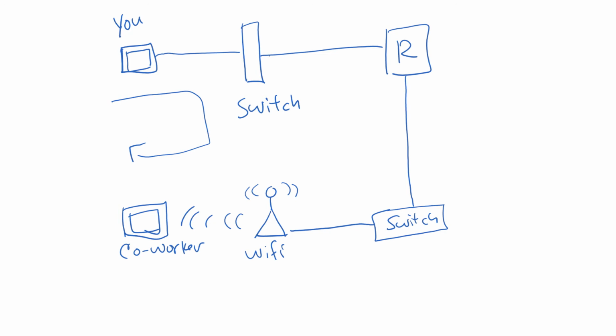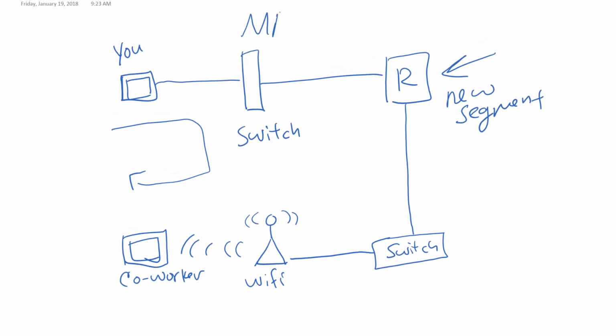Switches pass MAC addresses. Switches exist on the same segment, but once you hit a router, it's a new network segment or a new network. MAC address stops there, so MAC address stops there.